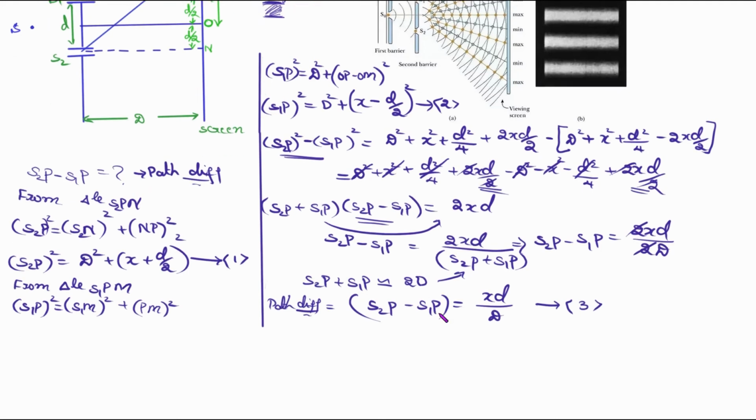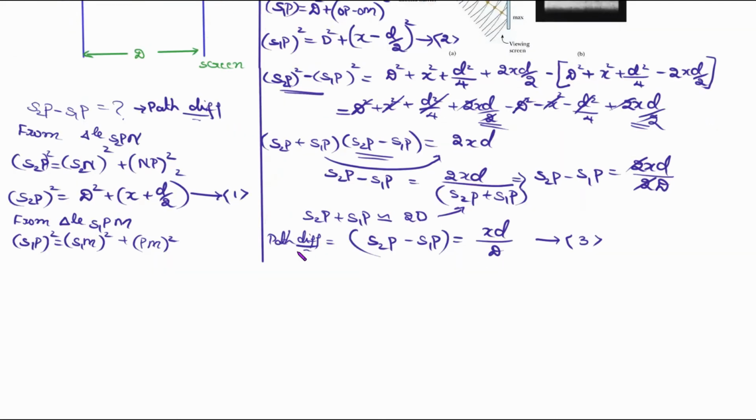So keeping that in mind, suppose the fringe which we have considered there is the nth bright fringe. If the bright fringe is formed, it is understood that it is the result of constructive interference. So when does constructive interference happen?